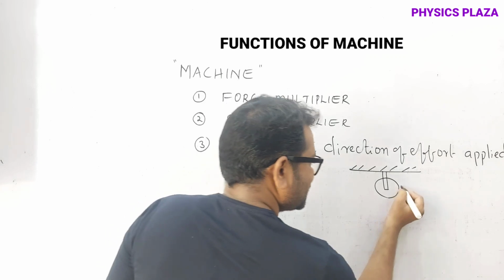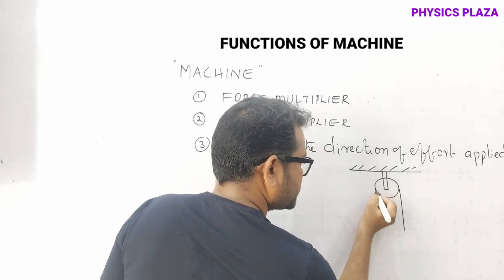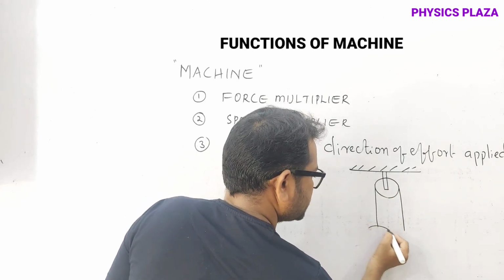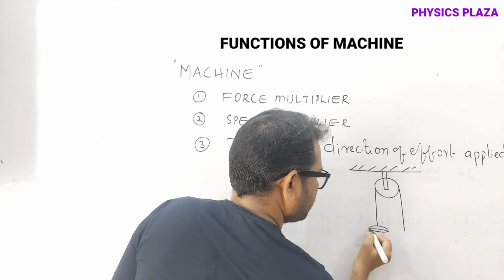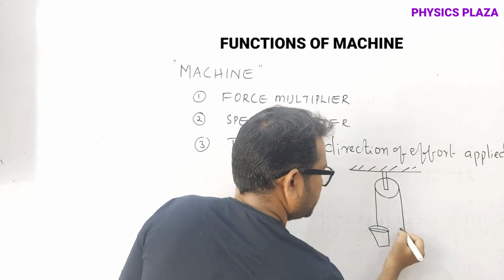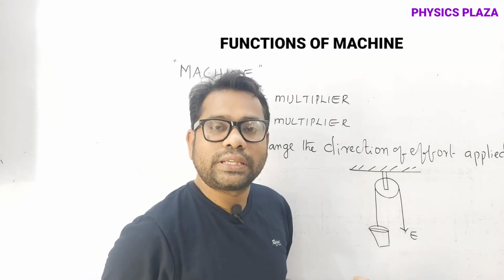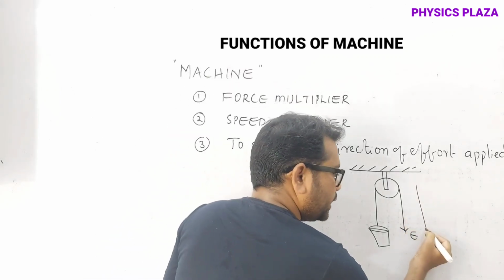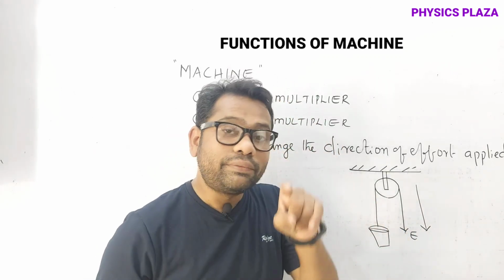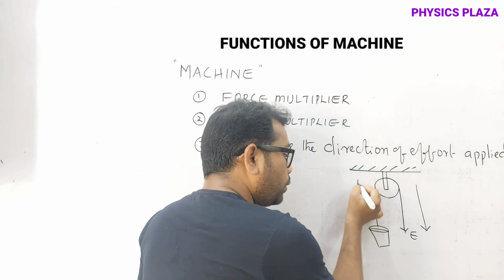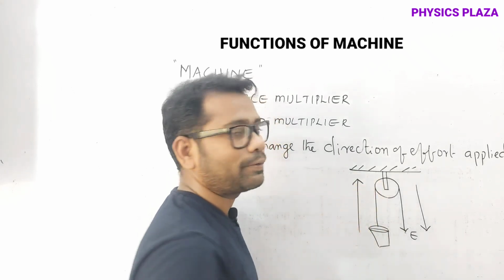Here is a rope which is passing over the pulley, and here is some bucket or any load, whatever you put. This is the effort. Children, in a single fixed pulley, we apply the effort in the downward direction. But in which direction will the load move? The load is moving in the upward direction.